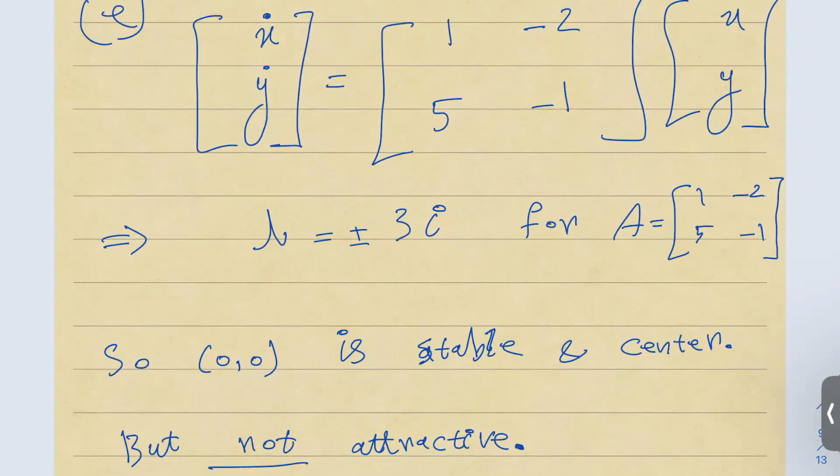So for 0, 0, this time with complex eigenvalues, the real part is 0, and we have just 3i. So this is stable, and since we have complex eigenvalues, it is moving around. It will be either an ellipse, a spiral, or a center.